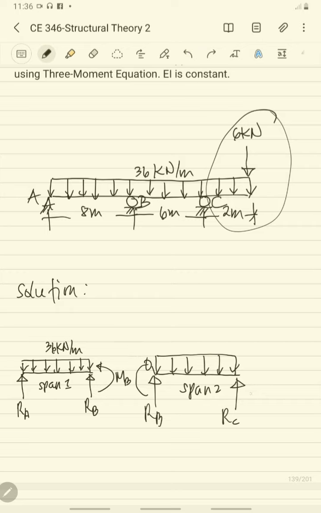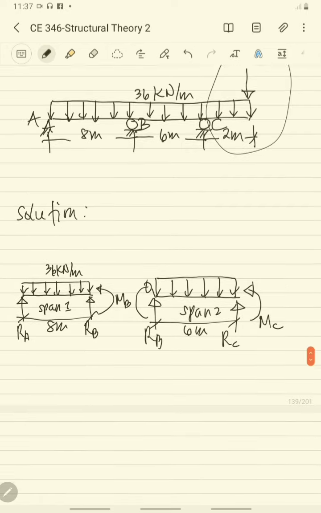Okay, so here for our C, we have moment at C, we have to compute the moment. Okay, for our span 1, the length is 8 meters. And for our span 2, you have 6 meters.